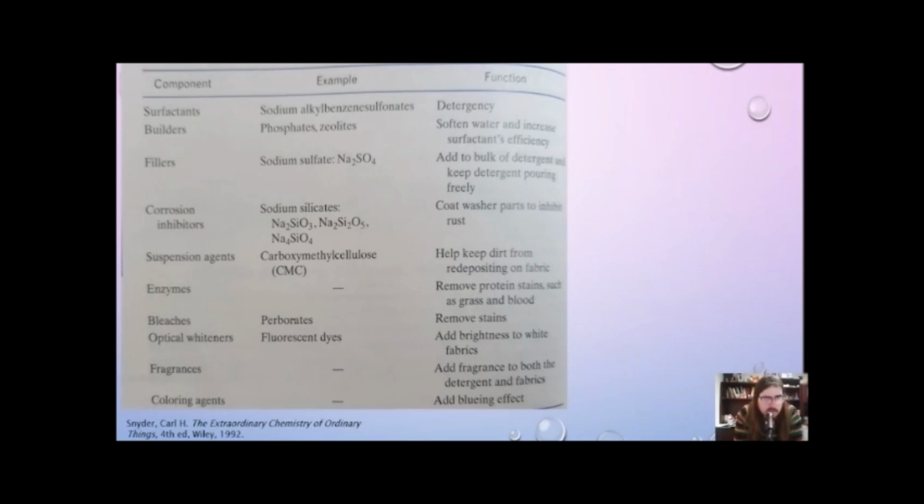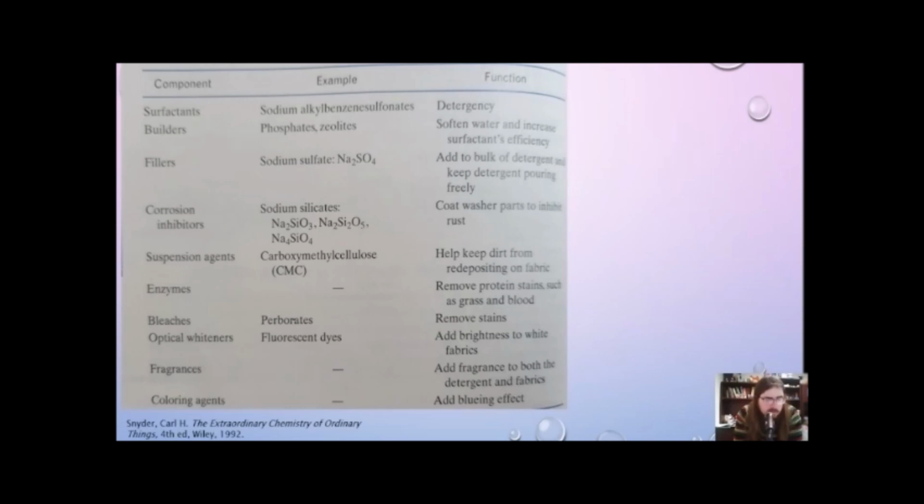We don't need to soften the water with non-ionic detergents because they're not going to bind to cations. The anion of the anionic binds to cations. The same way, the cationic detergent wouldn't bind to the sodium or the calcium, so we don't need to worry about that. The non-ionic doesn't bind to any cation or anion, so they don't have to use as much extra stuff.